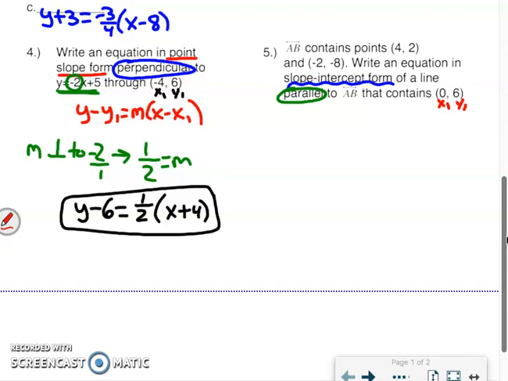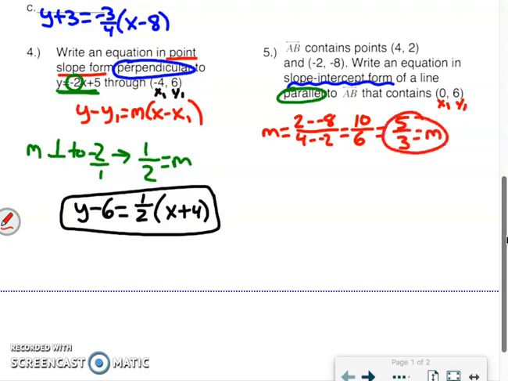So I'm going to take my 2 points here and find the slope between them. That would be subtracting the y's, 2 minus negative 8 up top, subtracting the x's, 4 minus negative 2 on the bottom. This is 2 plus 8 or 10, and 4 plus 2 or 6. That needs to simplify. I need the simplest form of all slopes that you would give me on a test.